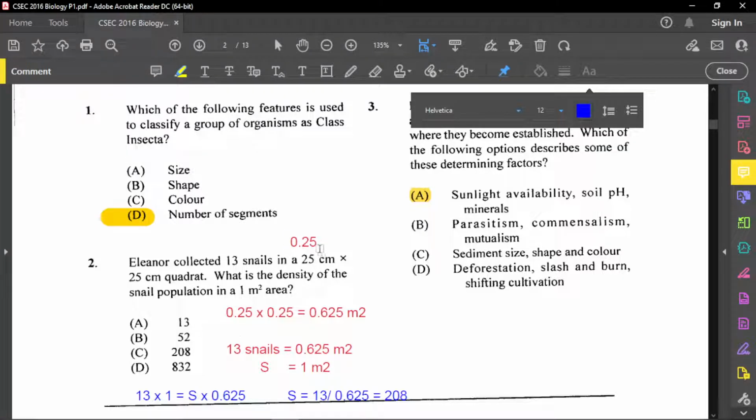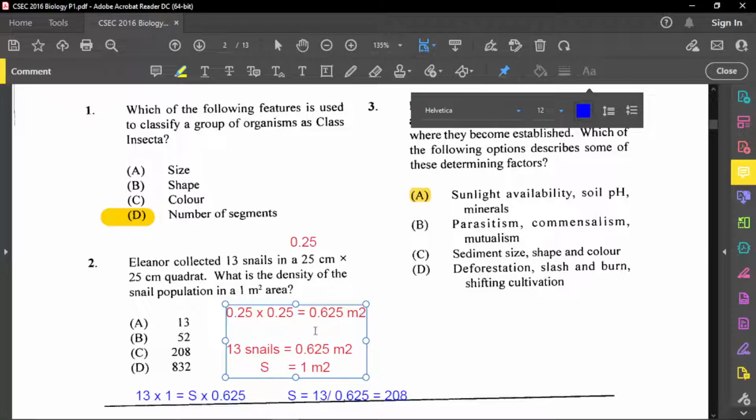To get my area in meter square, I multiplied 0.25 by 0.25. So 25 by 25 is the same thing as 0.25 by 0.25 in meters, and what I get is 0.625 meters square.